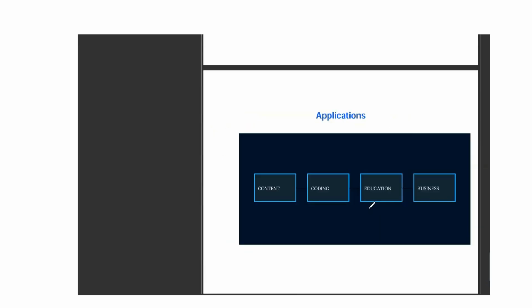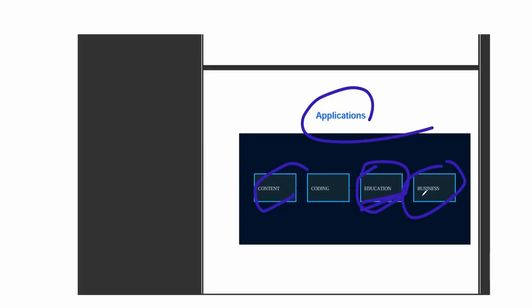Now let's quickly see where prompt engineering is used, the applications of prompt engineering. Students use it for notes, summaries, quizzes, and learning concepts from the AI. Developers use it for coding, debugging, and documentation, and content creators use it for captions, posts, and ideas.